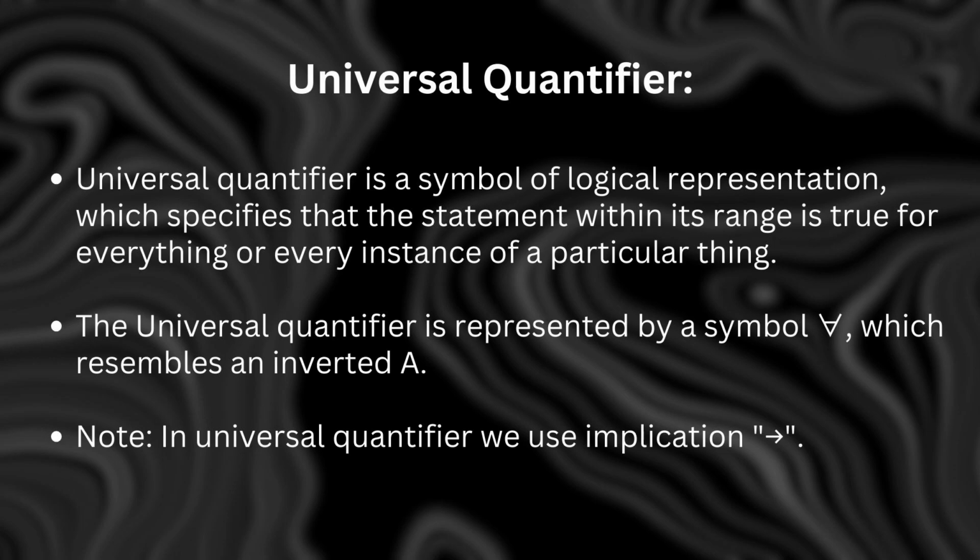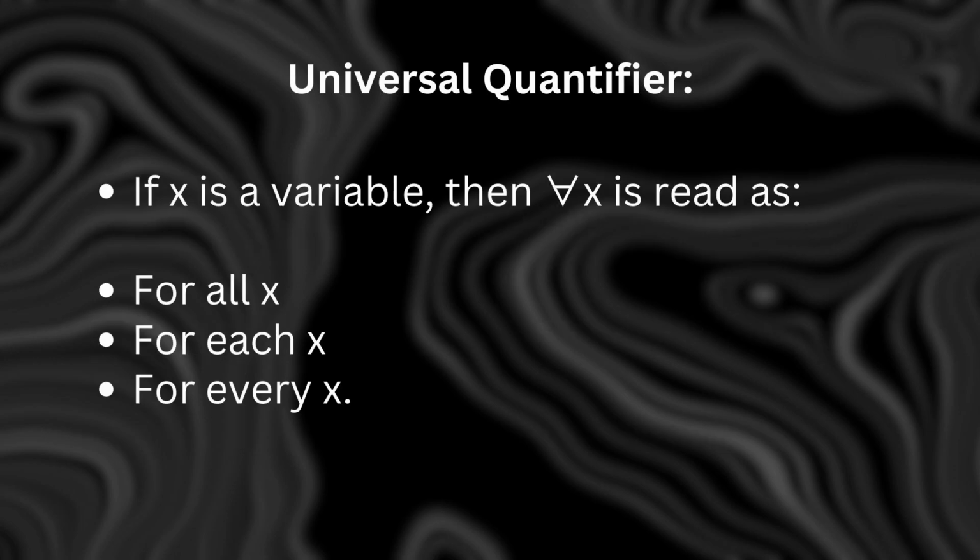In other words, it asserts that a particular condition or property holds for every individual element being considered. The universal quantifier is represented by the symbol which resembles an inverted letter A. When we use the universal quantifier in a logical statement, we are essentially saying that the statement holds true for all members of a set.